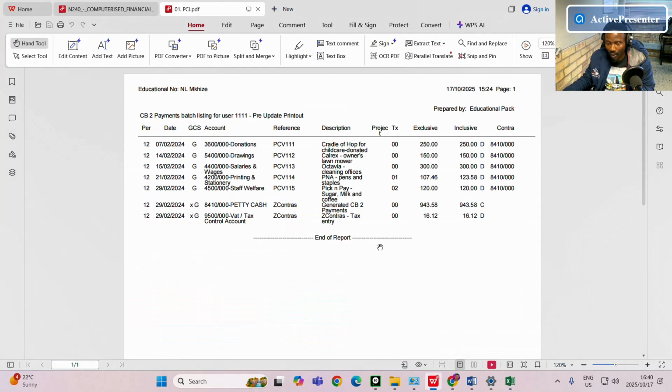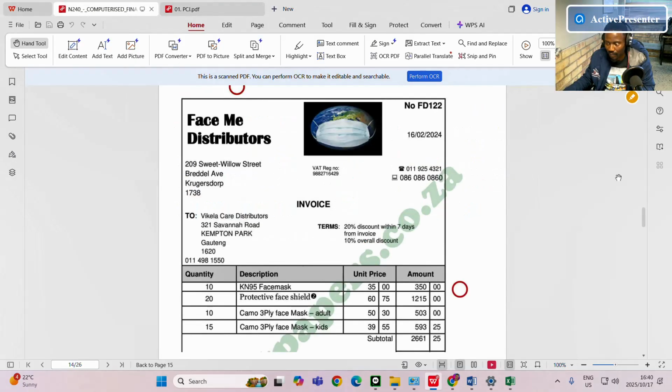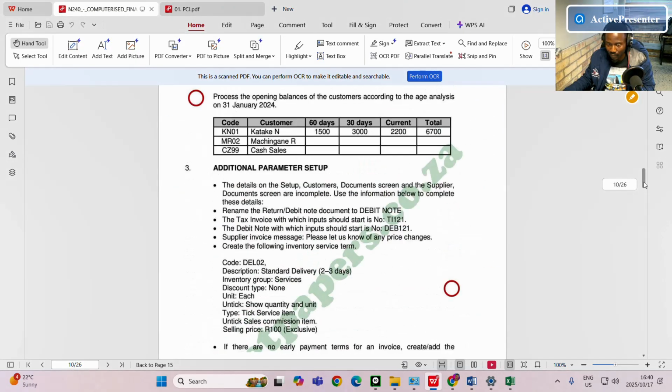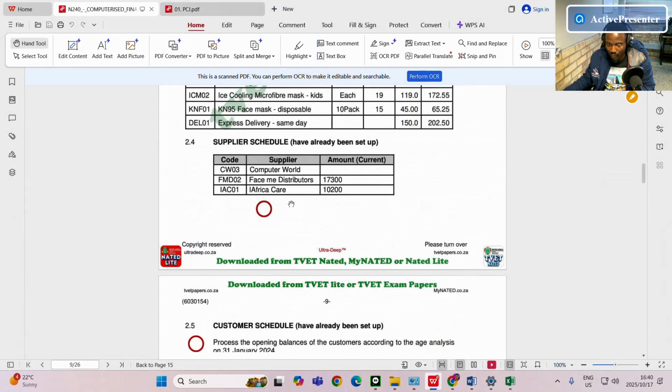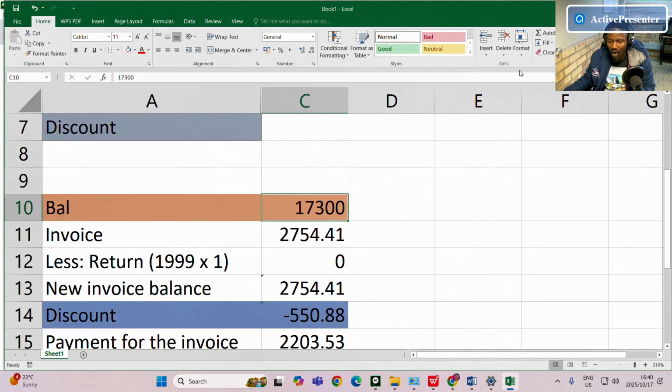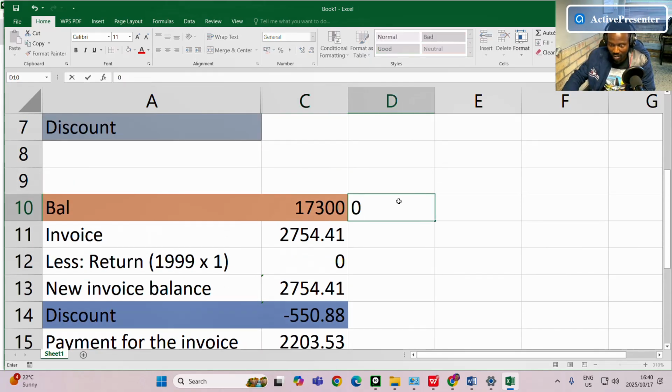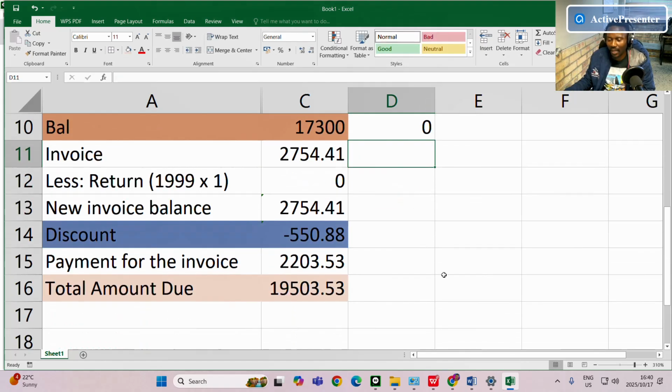So I'm starting here. Let me just check. Do I have an opening balance? Yes, I do. 10,200. Oh, I've already paid. Remember we paid that 10,200. So the balance is zero now.